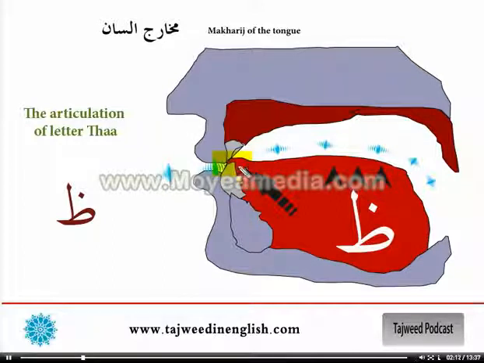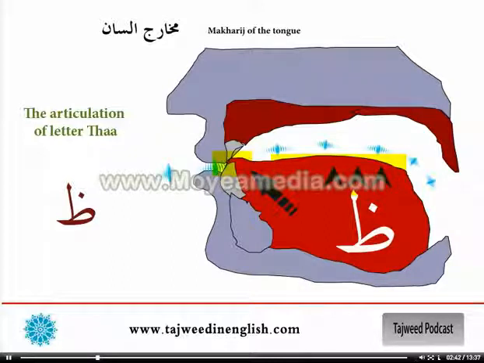And the rest would be the full mouth, which means that most or both parts of the tongue go up higher into the roof of the mouth when saying Dha. Pronouncing the letter Dha by taking the whole tongue out or swallowing the tongue inside will not bring the proper makhraj of the letter Dha.